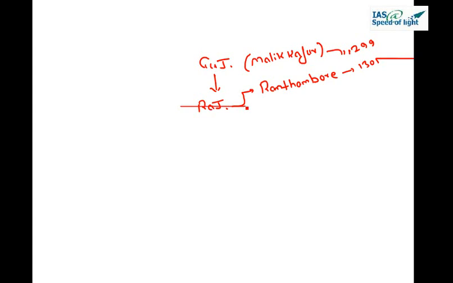Now, the second important Rajput state at that time was Chittor. In 1303, Alauddin captured Chittor, another powerful state of Rajputana, and according to some scholars, not historians, Alauddin attacked Chittor because he started liking the queen of Chittor, Padmani.